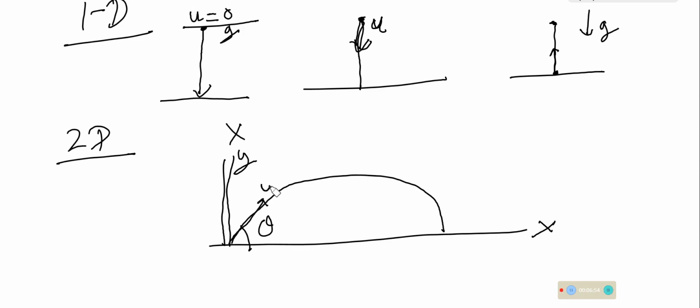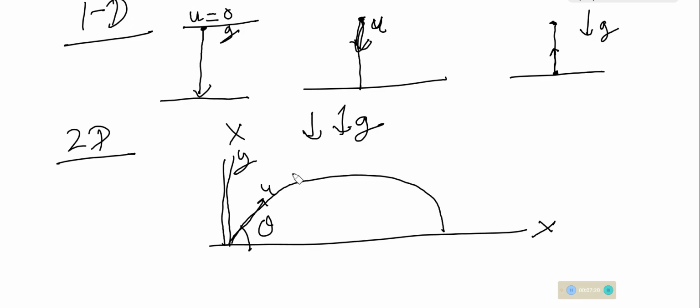If we project a particle or body or any object at any angle theta, then gravity is downward. Due to gravity, the motion will be parabolic motion, and this motion is known as projectile motion.